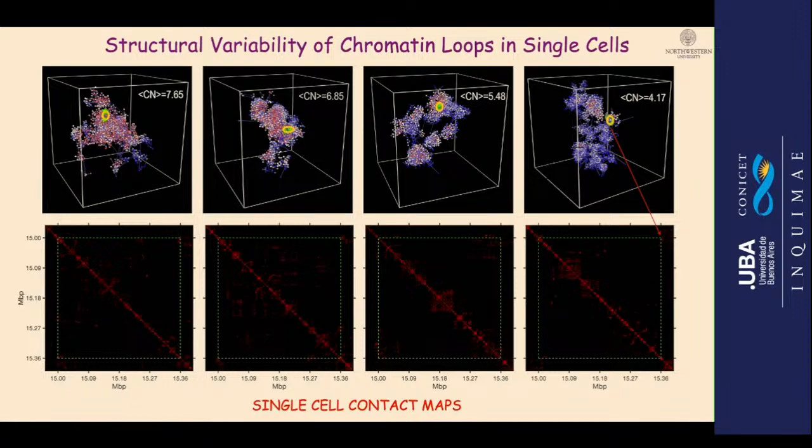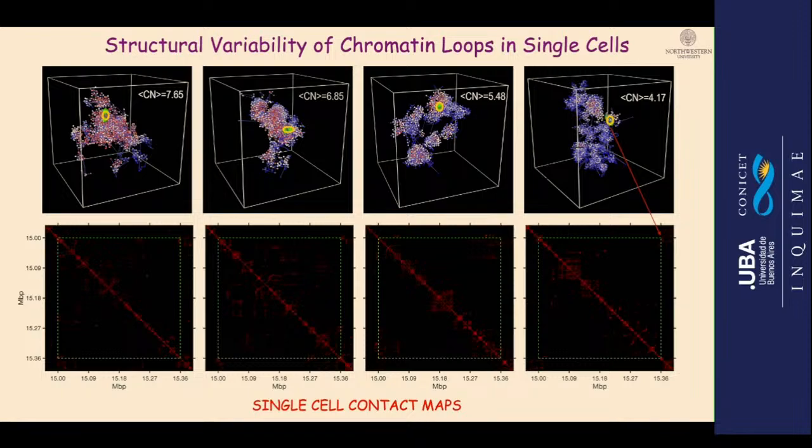All maps cover the same genomic region with the green dash box marking the TAD boundaries observed in the ensemble average. We will talk about this in a few slides.